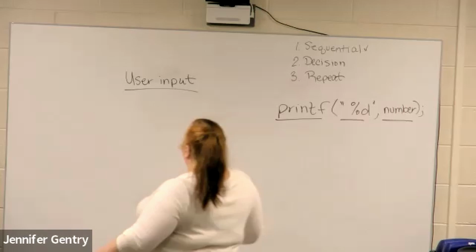Let's do some structure. For, parentheses. Now, when I'm doing a repeat, I'm going to be doing another block of code. Do you remember what symbol I used? The curly.